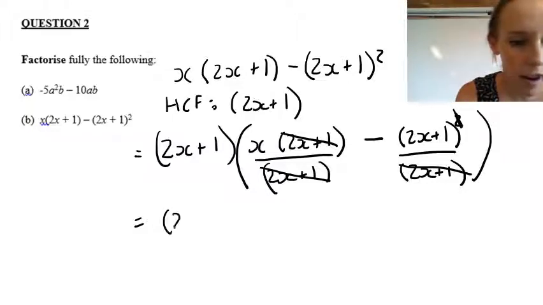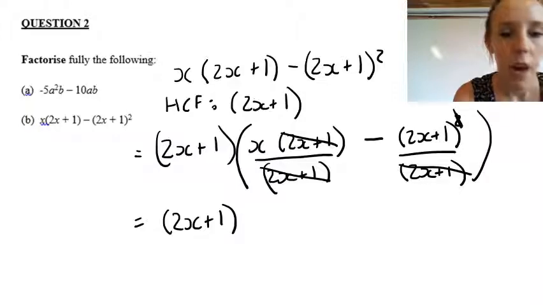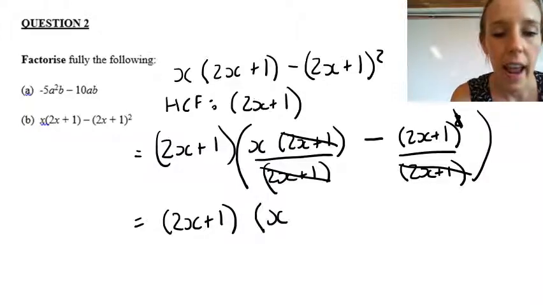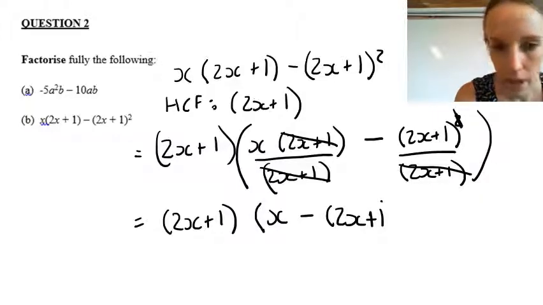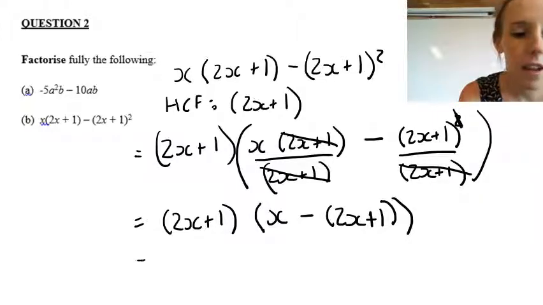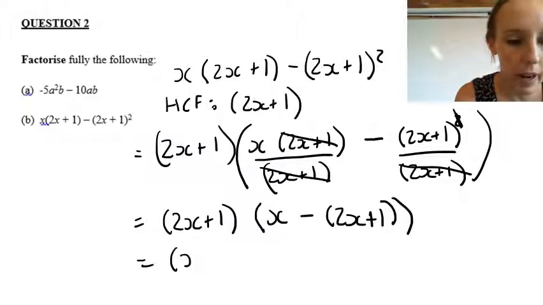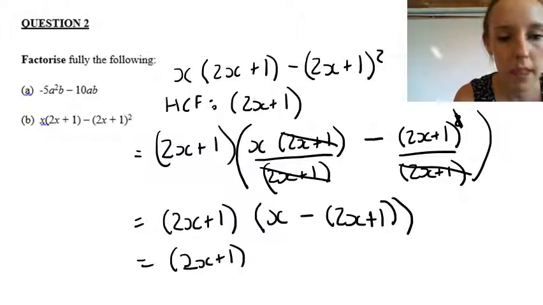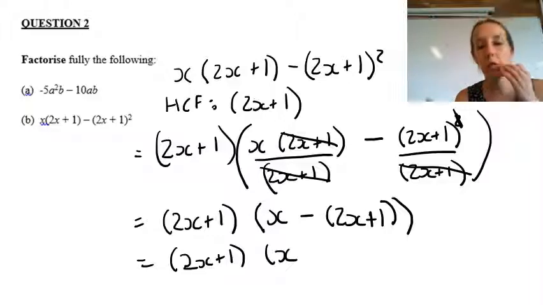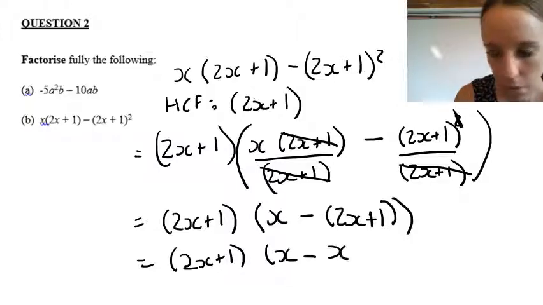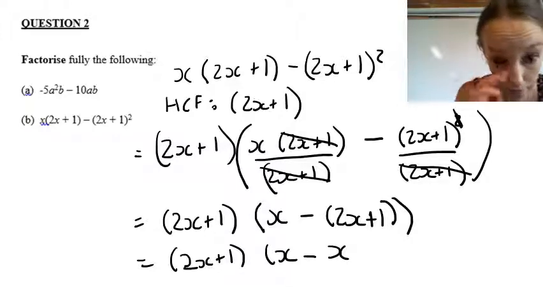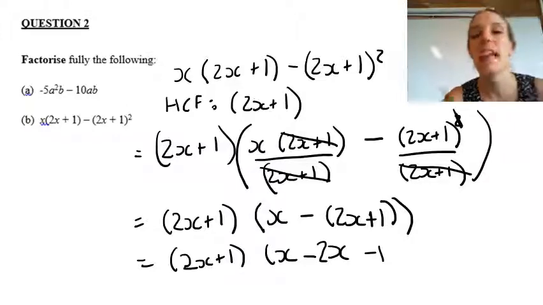If I write out my simplified version now, on the left I'm only left with x, and on the other side I'm left with 2x plus 1. I can then simplify a little bit further. This bracket's just going to stay the same with my highest common factor, 2x plus 1. But this second bracket, I can simplify a bit because I'm going to be taking 2x, take 1, because I'm taking everything in the brackets.